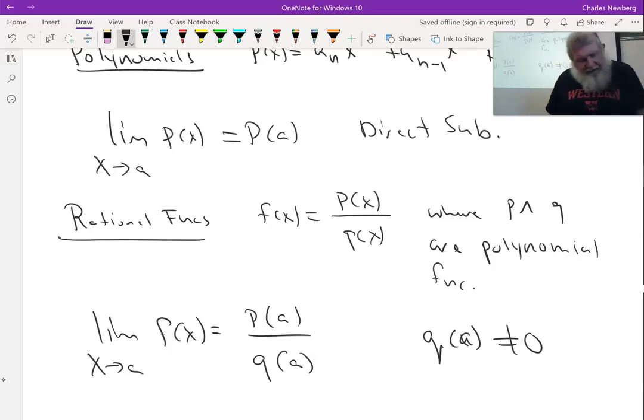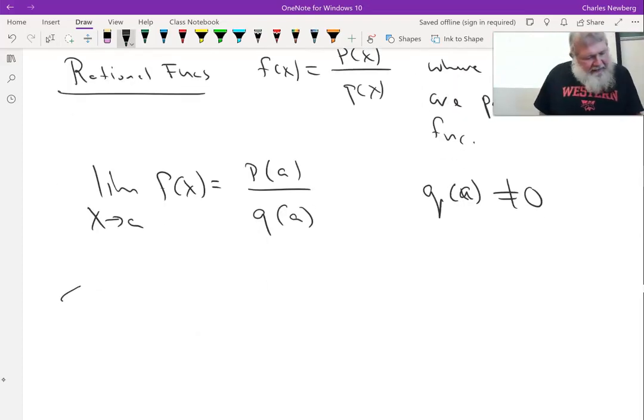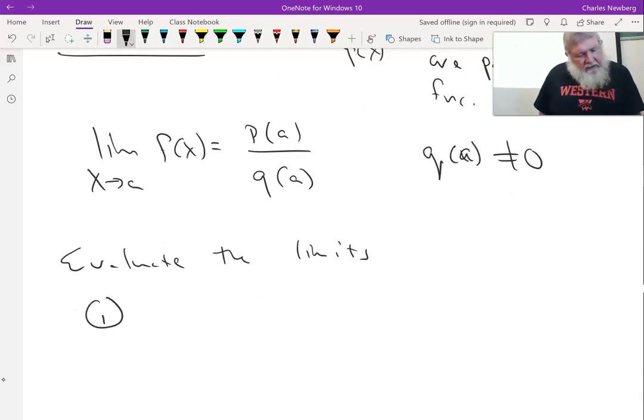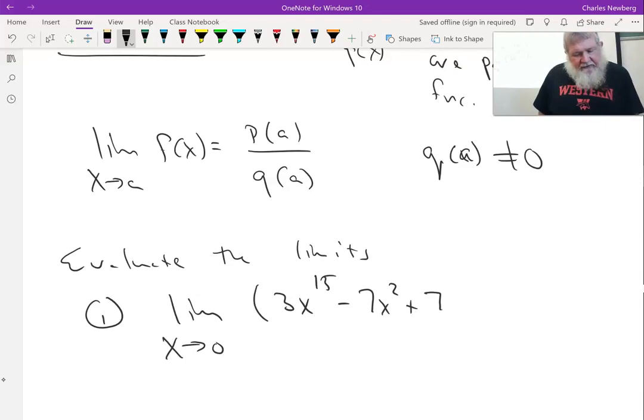So let's warm up with a couple of problems here. Evaluate the limits. Let's go with the limit as x approaches 0 of 3x to the 15th minus 7x squared plus 7x plus 5.